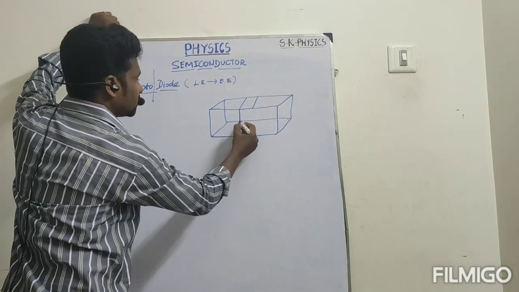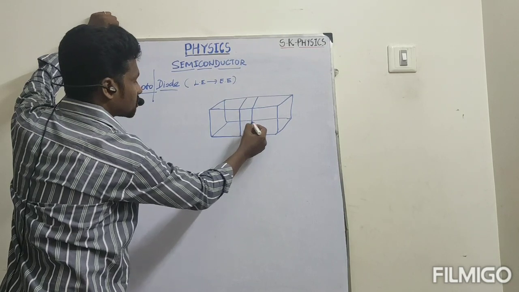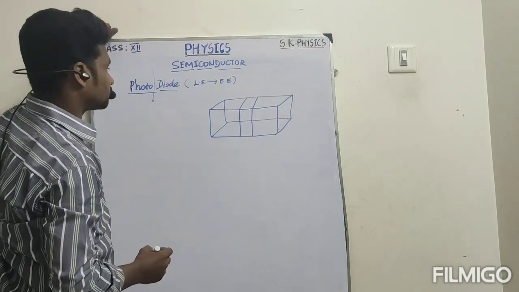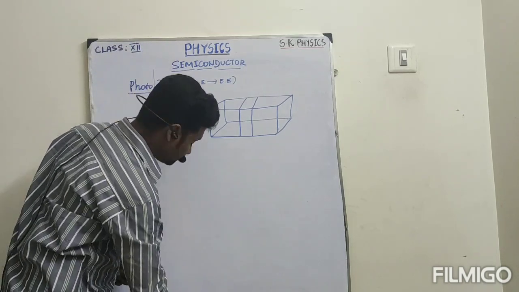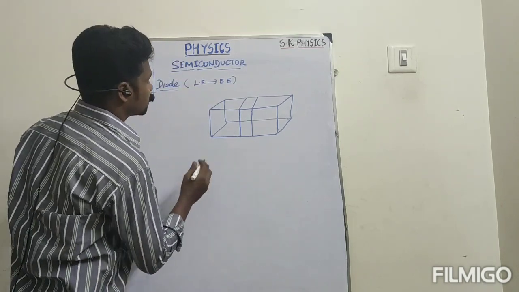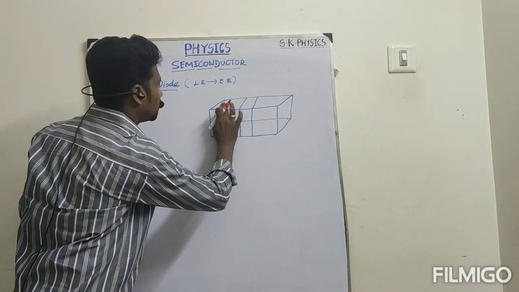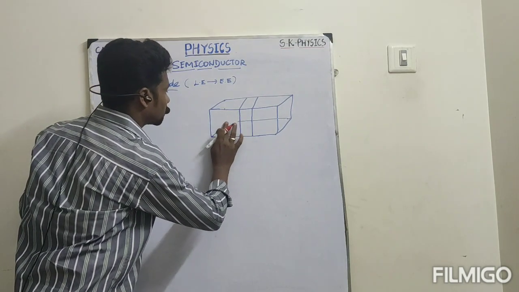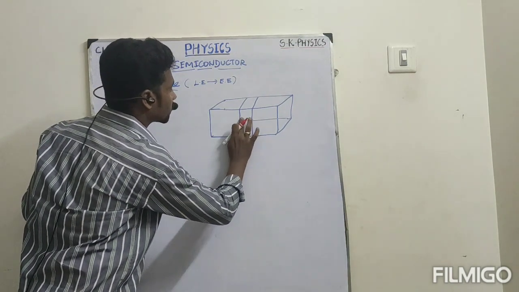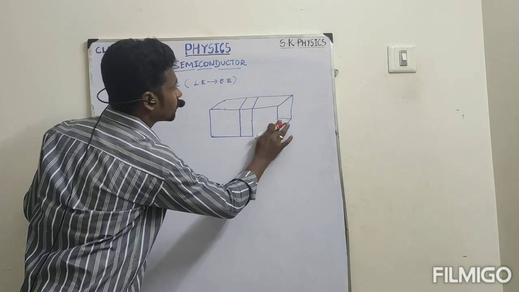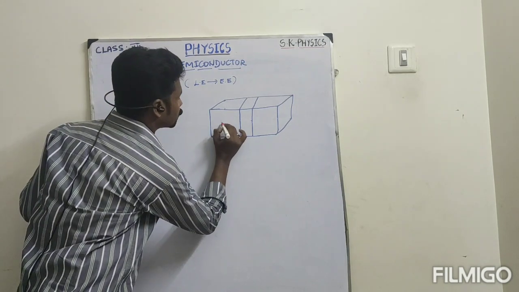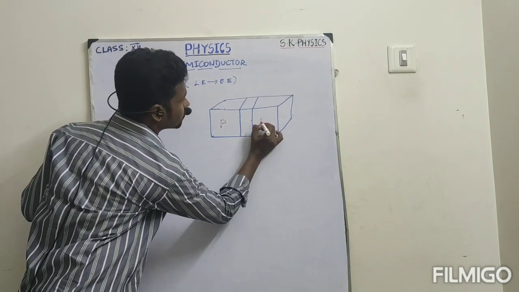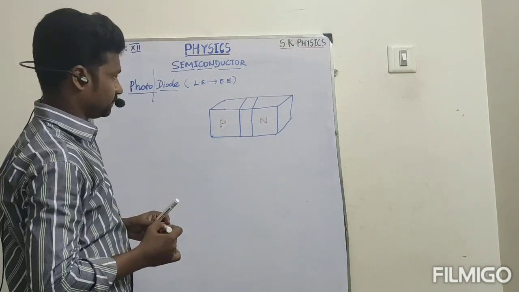For our convenience, I draw it a little bit large. Now listen. This is the P region. This is the N region.